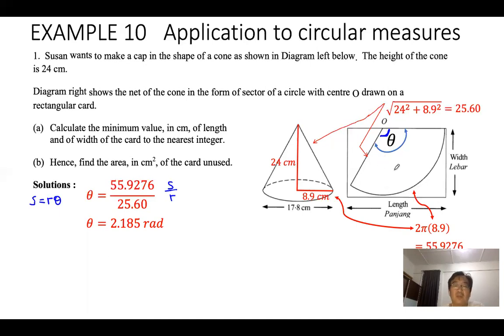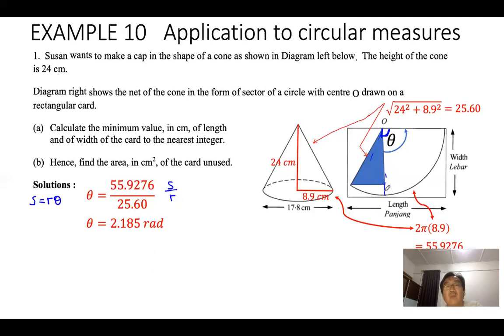Next we want to find the length. The width we know already, 25.6, because this one here is the radius of this sector. So the width will be the radius of 25.6 centimeter.